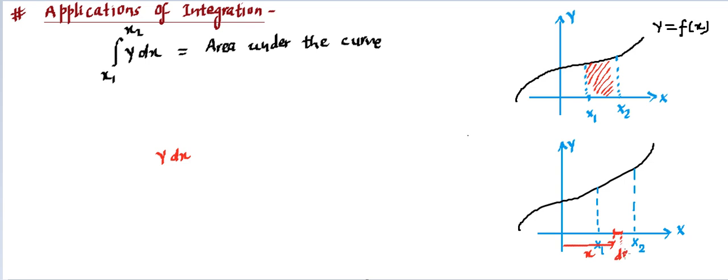So that length is dx. Whenever we apply the d, that means that amount is very small. Though I have shown it significantly large, it's very small. You can think of it almost like a point. Now if this point has a coordinate x, the next point will have the coordinate x plus dx.